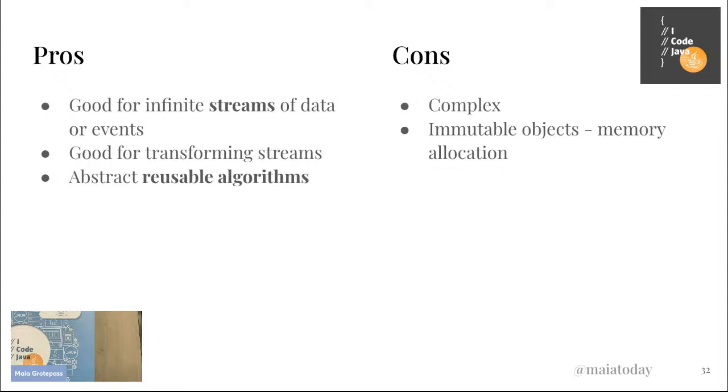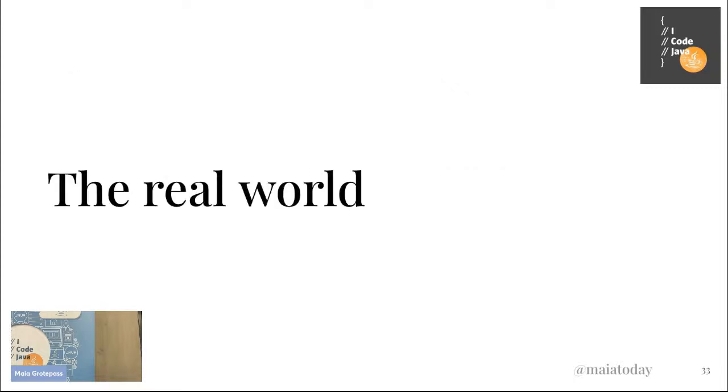If you're calling the functions and you have a lot of objects that get copied over, you pay the price because there are going to be more memory allocations. Now, it depends on what area and where you're running this functional code. If you're running it somewhere in a very memory constrained environment, this might be something to look out for. But if you want the mental ease of dealing with the functions and you're prepared to pay the price of the memory allocation, then that's an option. But now, the real world.